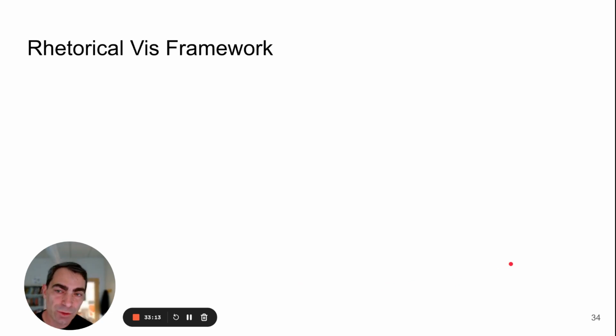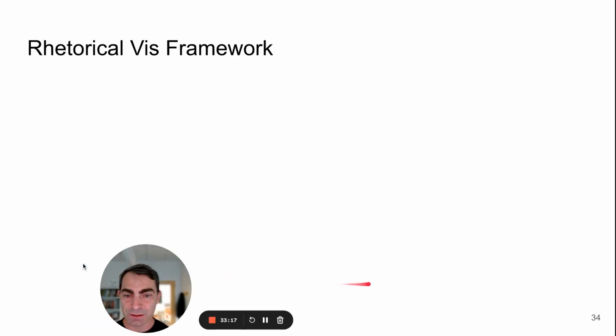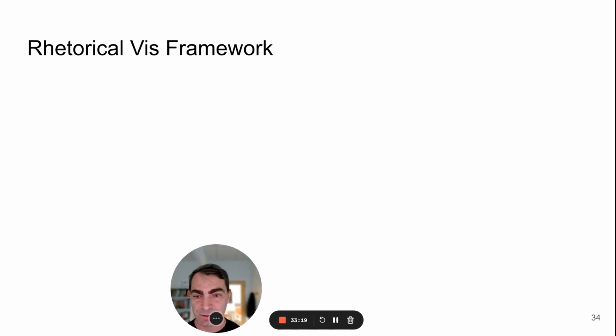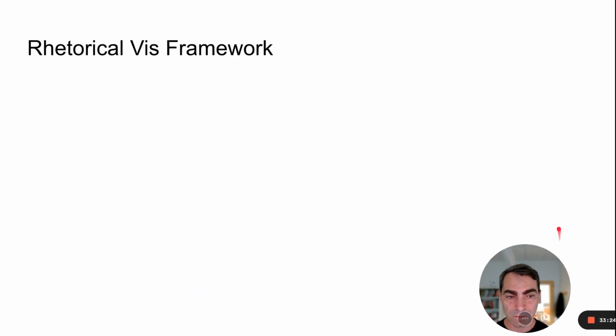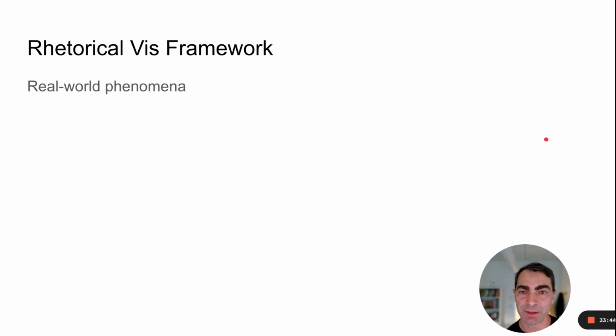So now I want to finish with what I call the rhetorical visualization framework. Let me make some space here. Okay, so when we talk about visualization, I find it important to give a framework that describes the steps of what is going on here. Well, what is going on? First, we have some real world phenomena, right?